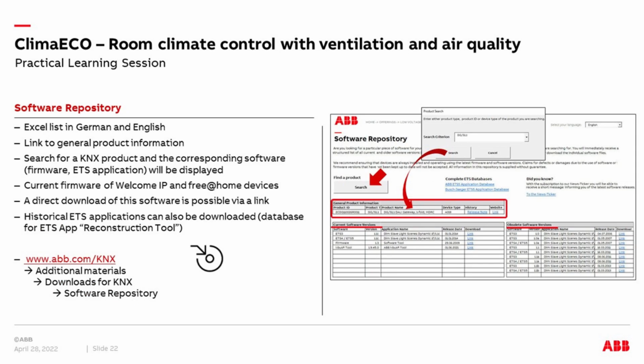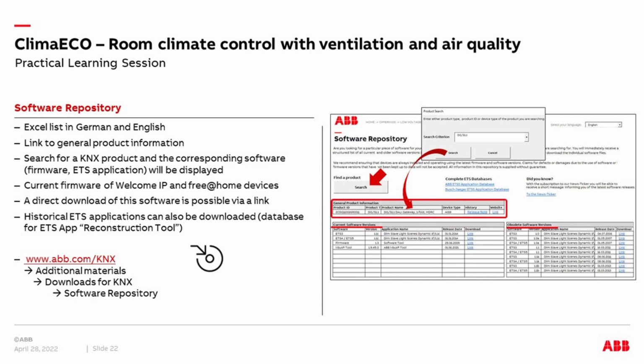So the software repository, I would like to mention this again. This Excel sheet on our homepage contains, regarding KNX, all ETS applications from the oldest products we had in the past up to the current ones. Of course, this file will always be updated if we have a new product or a new application. So it's easy to find current but also old applications for the ETS for any ABB product.